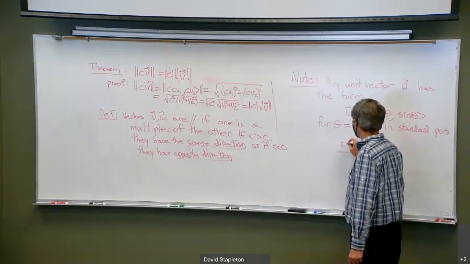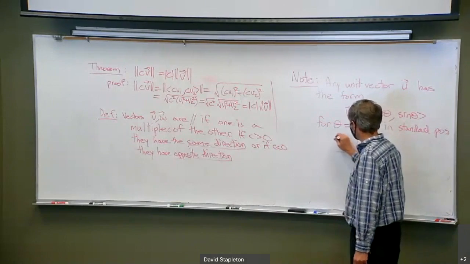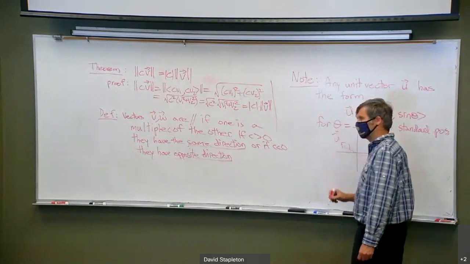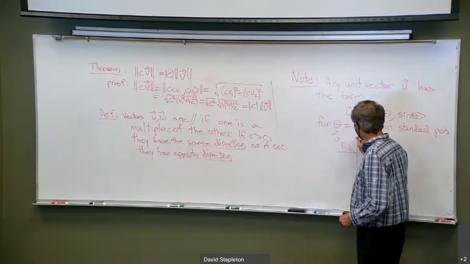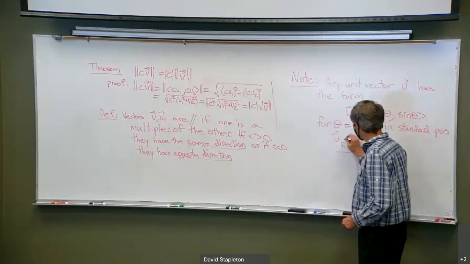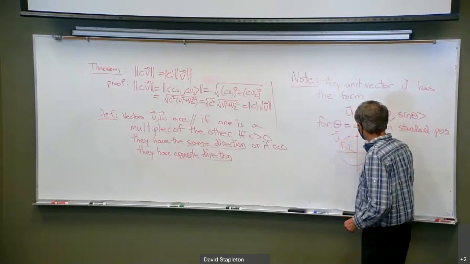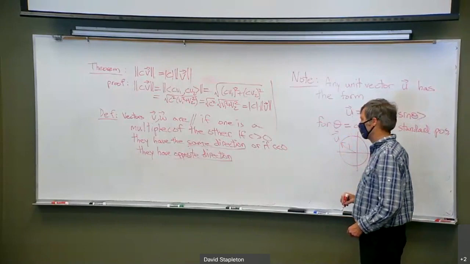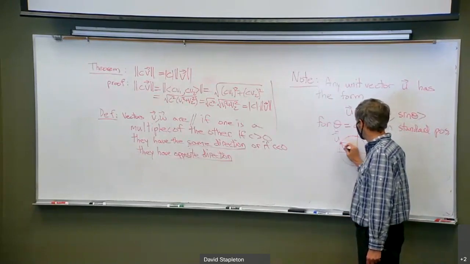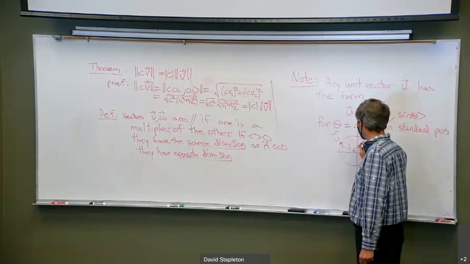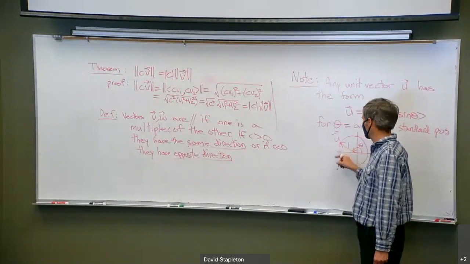Maybe this is it. 1 unit long, right? This is my vector u. What do I know immediately from trigonometry? I know the terminal point is on the unit circle, right? The unit circle is all points at distance 1 from the origin. But also from trigonometry, if the vector is at an angle theta and 1 unit out, what do we define to be the coordinates of the point?